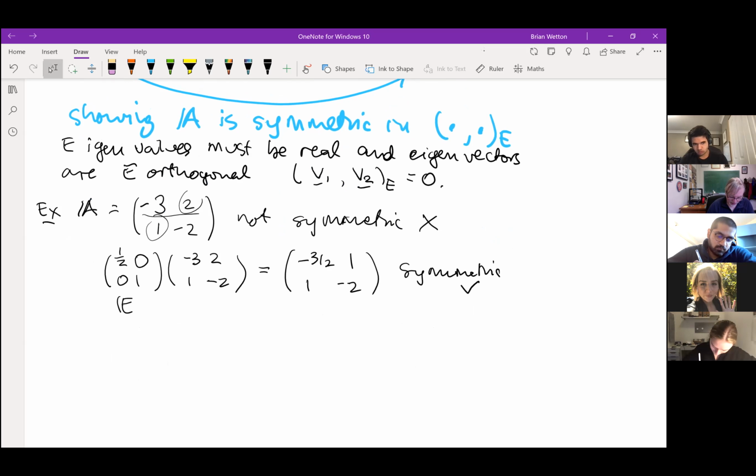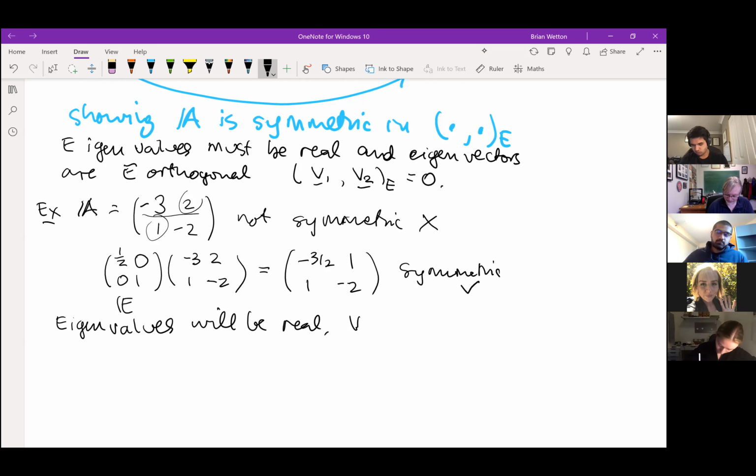Okay, and so now I know the eigenvalues will be real. And the eigenvectors, there'll be 2 eigenvectors. These ones will be E-orthogonal.